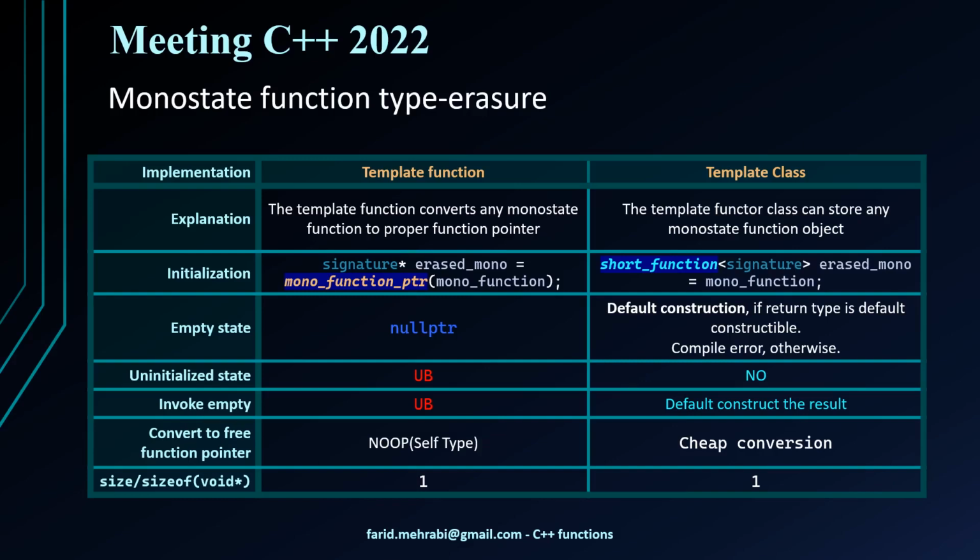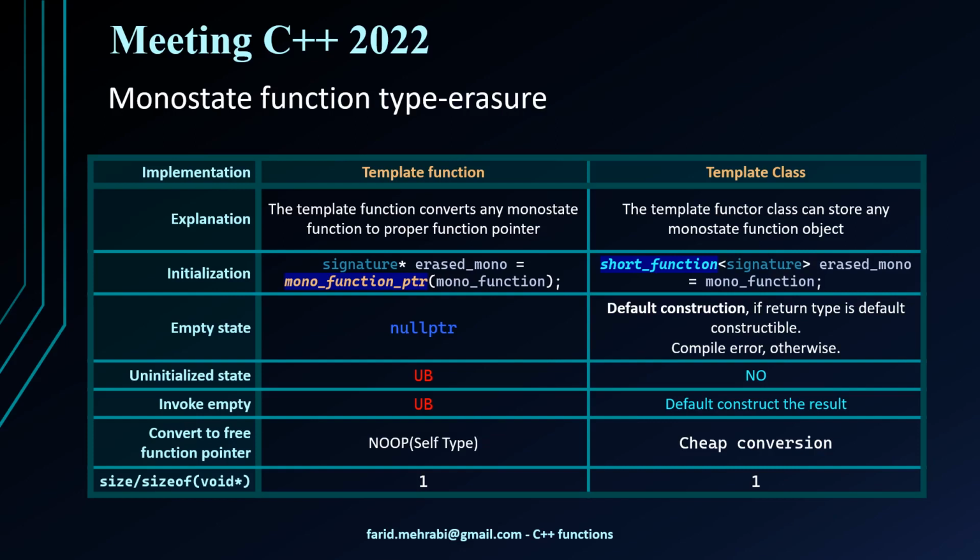We can also define a short function class which is capable of type erasing and storing any monostate function. Since the monostate function is an empty class, this short function is not supposed to store any data about the specific object. It only stores the eraser data about the type of the function. Therefore, it is no more expensive than an ordinary function pointer in terms of memory.